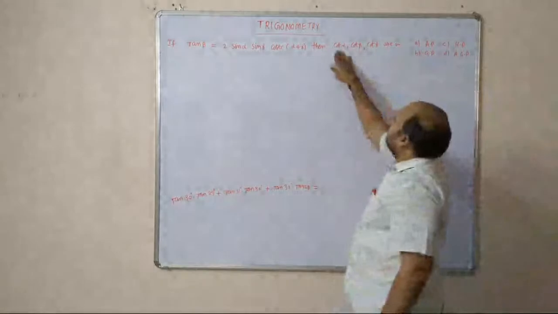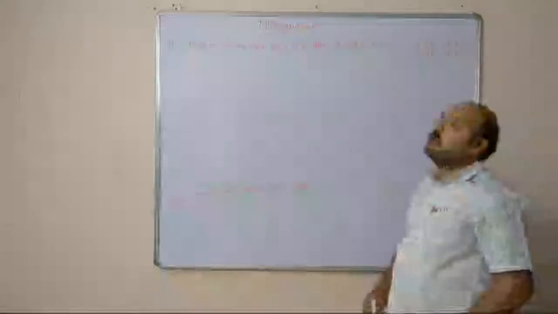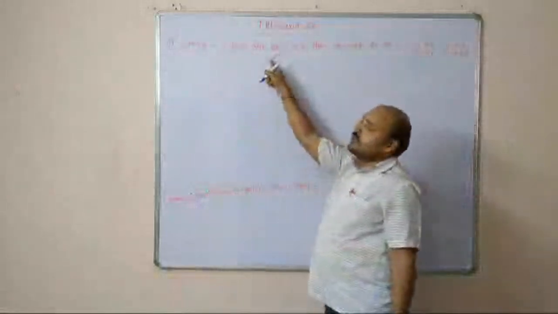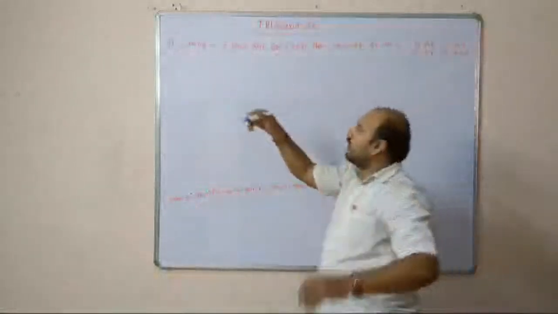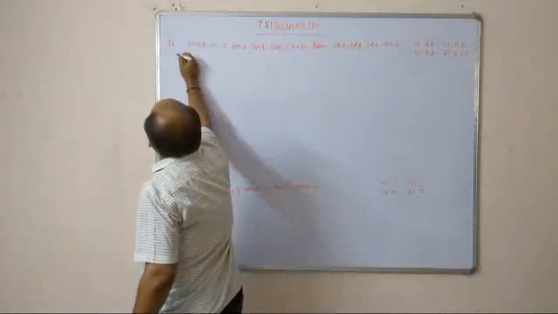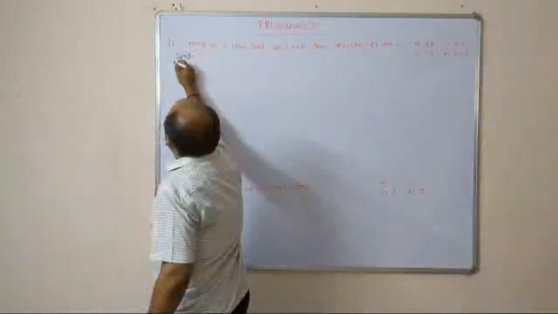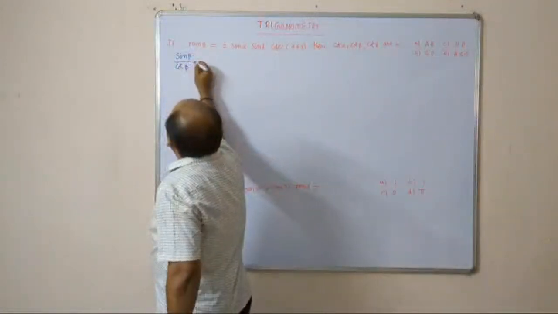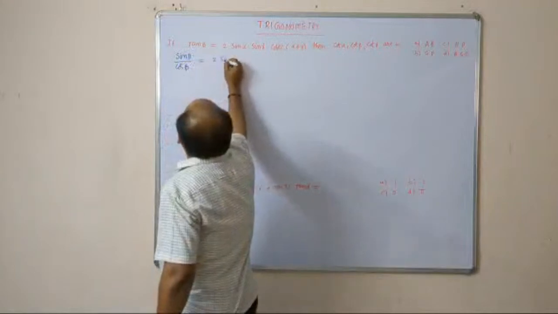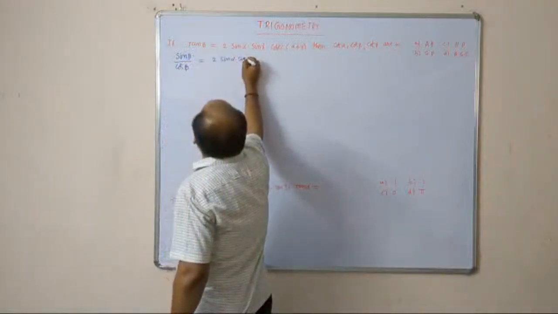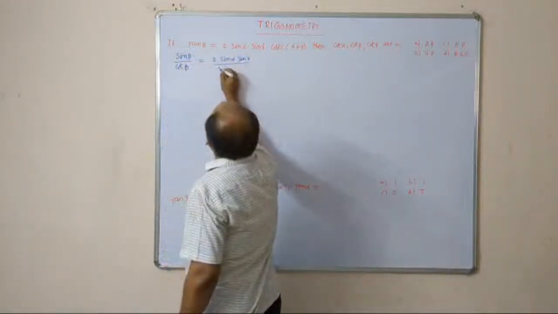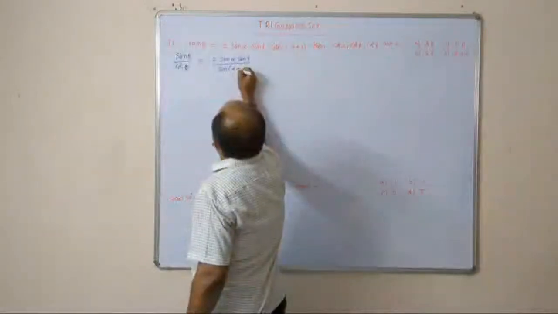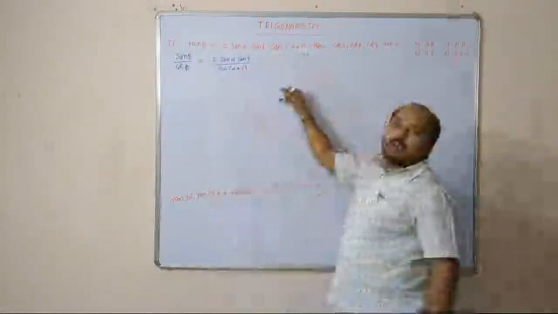Here they are asking to find the relation between cot alpha, beta and gamma. So wherever tan and cosecant are there, write it in terms of sin and cos. This can be written as sin beta by cos beta is equal to 2 sin alpha into sin gamma by sin of alpha plus gamma, since cosecant of alpha plus gamma is 1 by sin of alpha plus gamma.